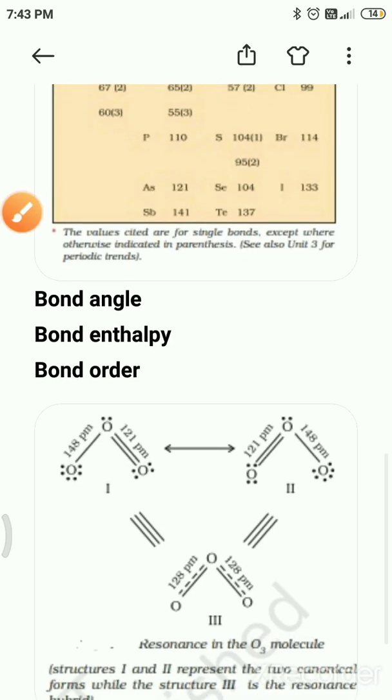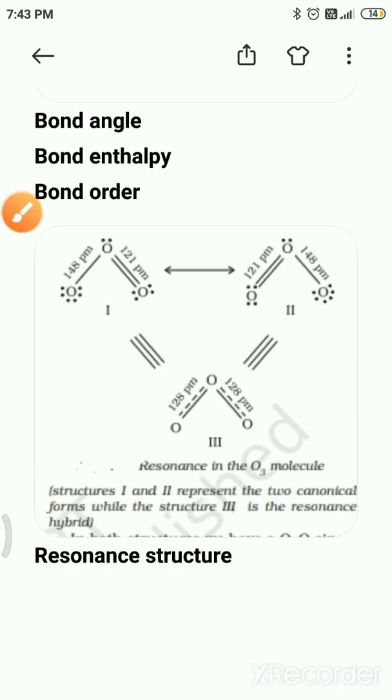Now, resonance structures. We observe that a single Lewis structure is inadequate for the representation of a molecule in conformity with experimentally determined parameters.